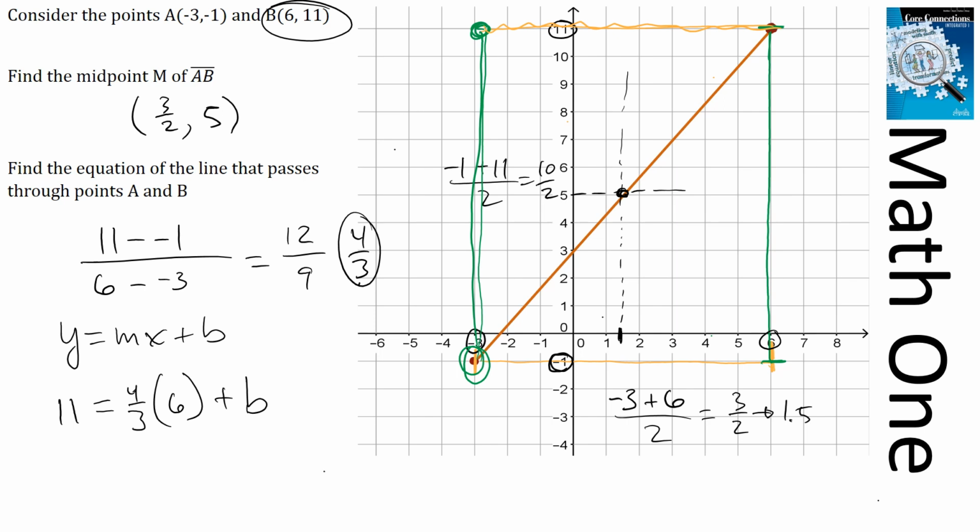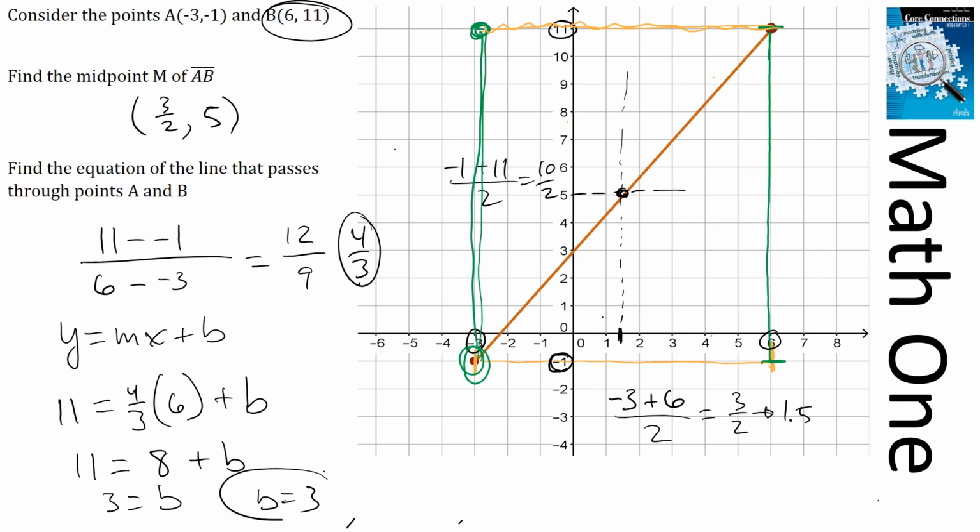4/3 times 6. 6 divided by 3 is 2, and 2 times 4 is 8. You can use any method you want to multiply 4/3 times 6, including, but not limited to, a calculator. And that's B. And if I subtract 8 from both sides, I get that B has to be 3.